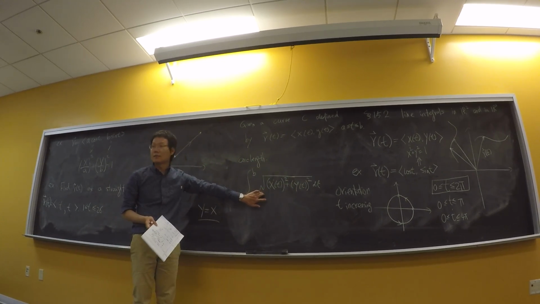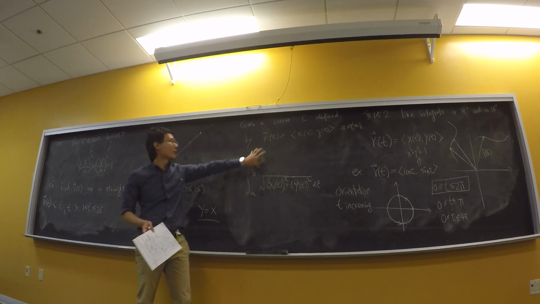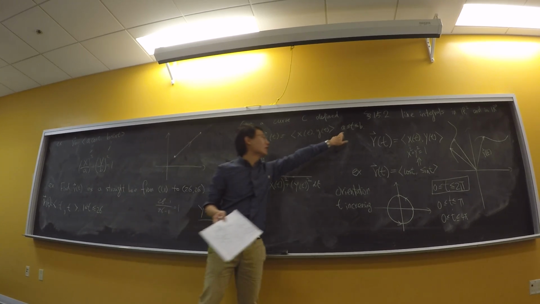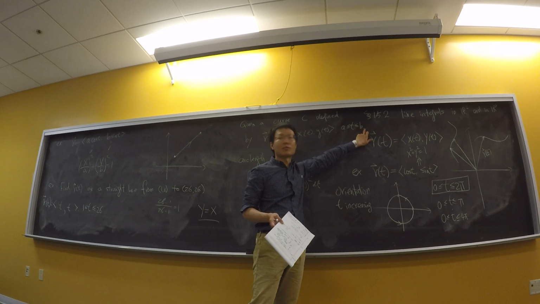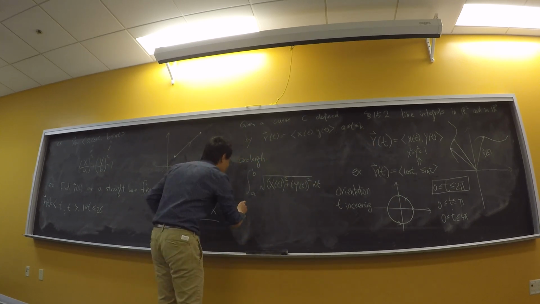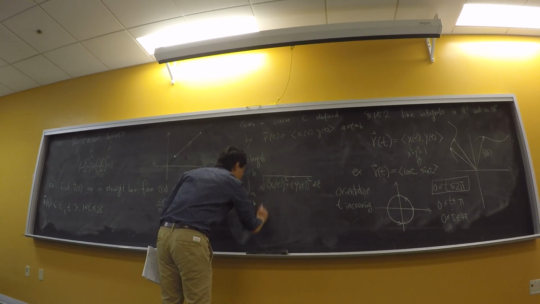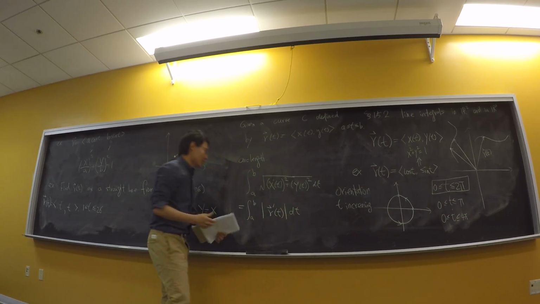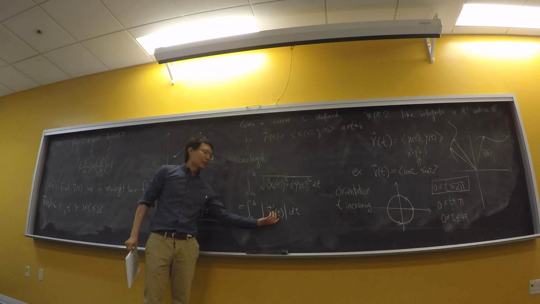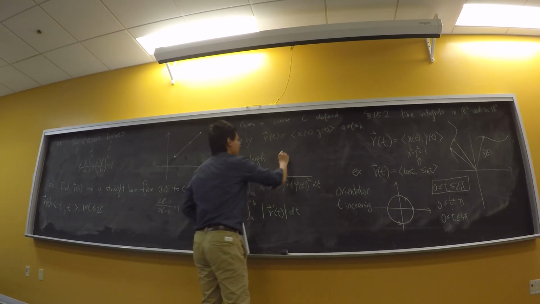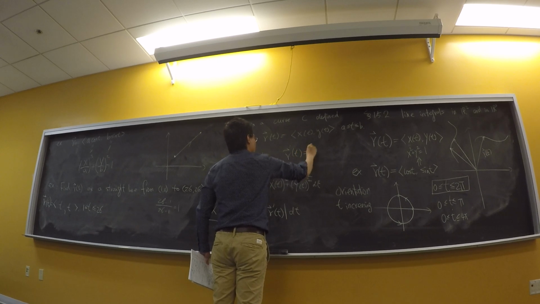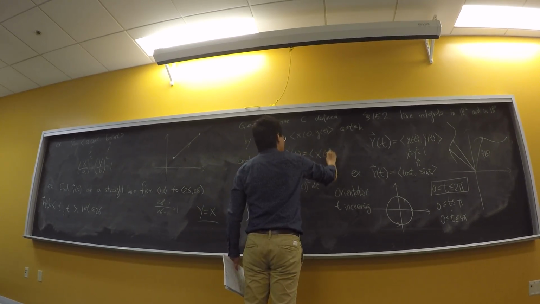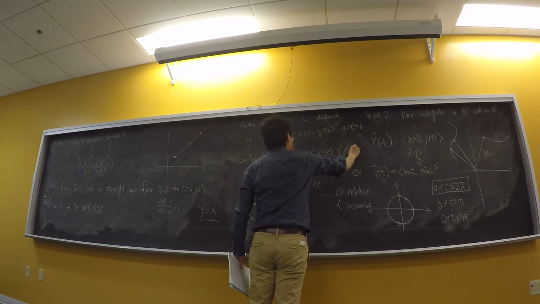Yes. So this is the arc length of a curve defined by this vector function going from the initial time t equals a to t equals b. So this is the formula. I can rewrite this formula as the integral from a to b of the length of r prime t dt, where the derivative of the vector function is defined as taking the derivative of each component separately.